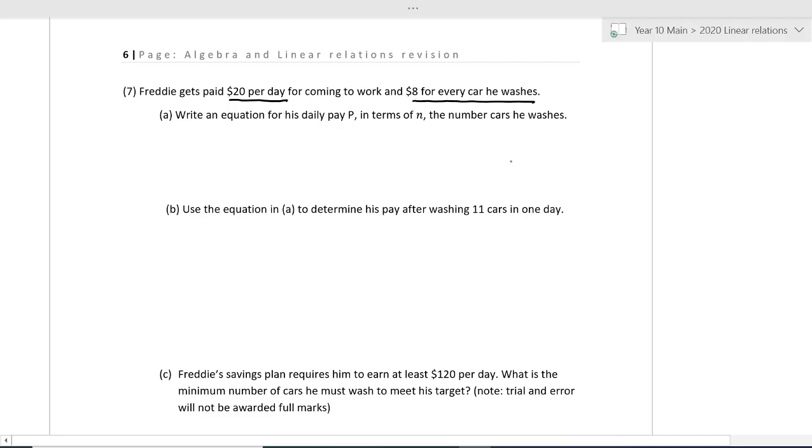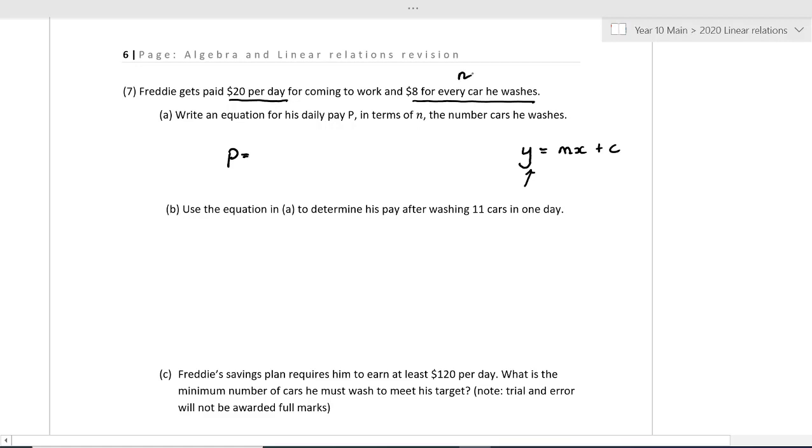Usually we would have y is some function of x, mx plus c. Well, this time, instead of y being the dependent variable, we want pay, and pay is going to depend on how many cars he washes, which is n.